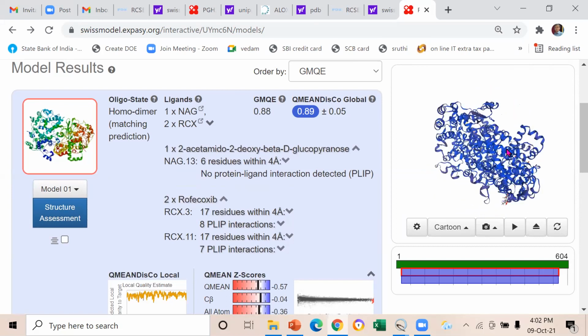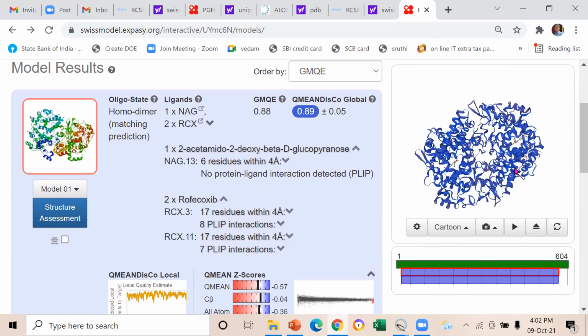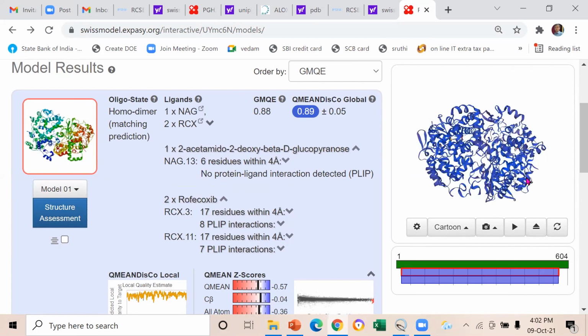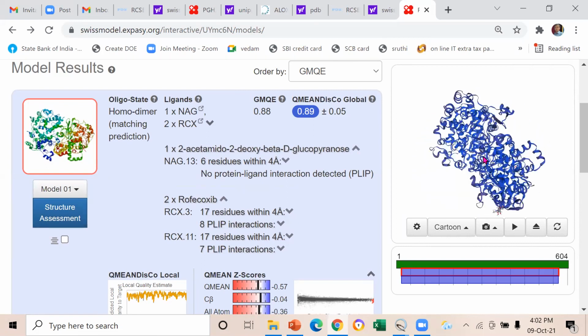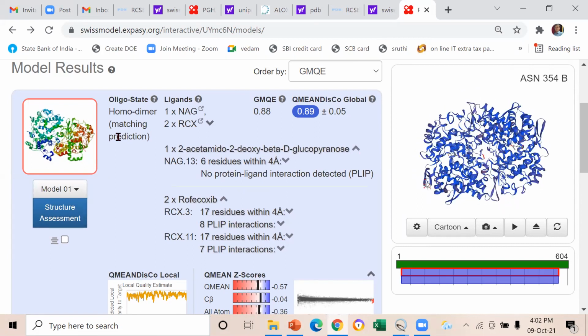So you can download this structure, PDB, that is protein data bank, for your modeled protein, and you can use it for your future docking.